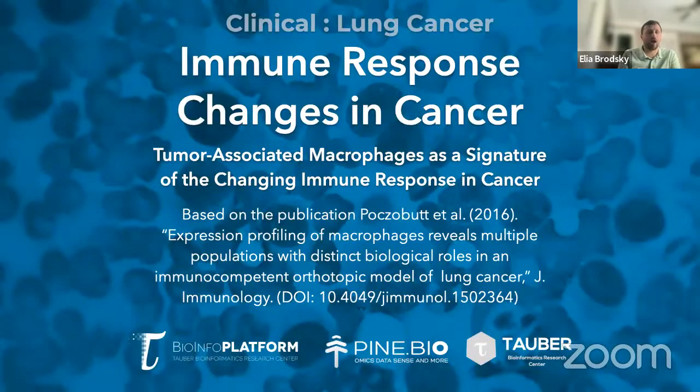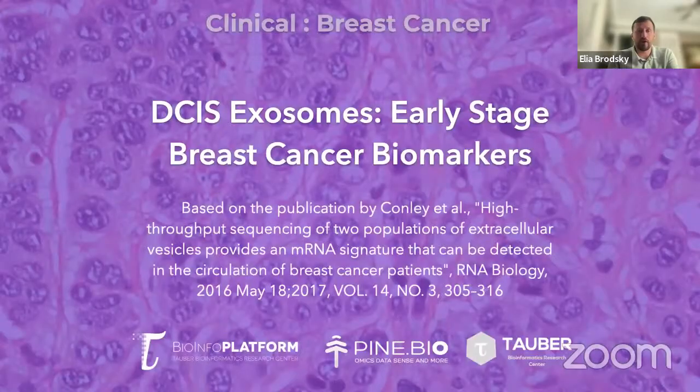We'll talk about macrophages, how the complex immune responses could actually be both detrimental and supportive of tumor development. And we'll also talk about early stage cancer detection, like biomarkers in exosomes. So a number of different types of projects that we will look at.